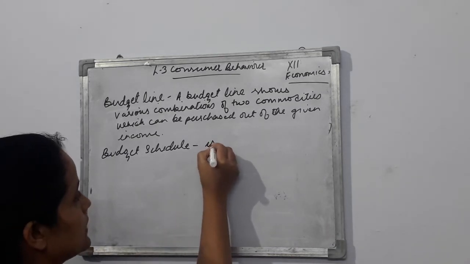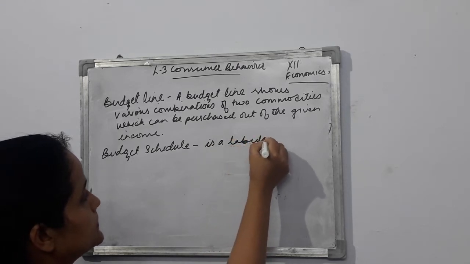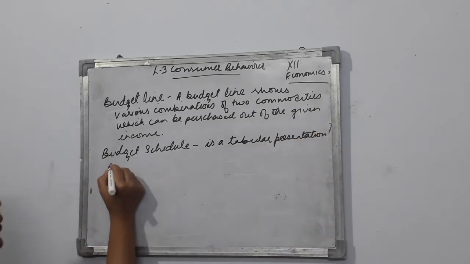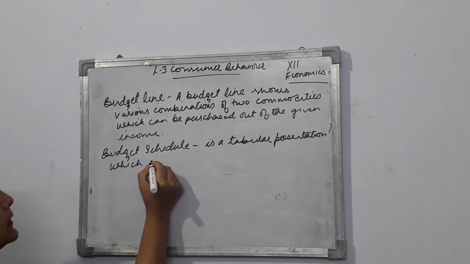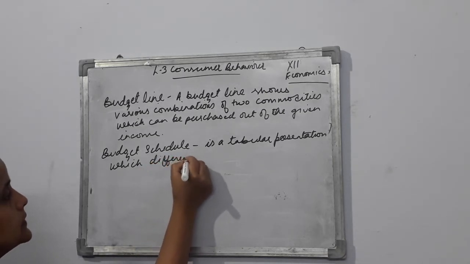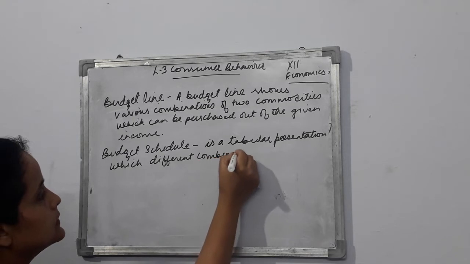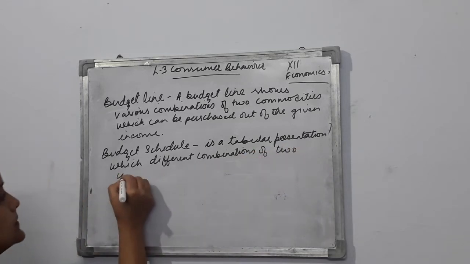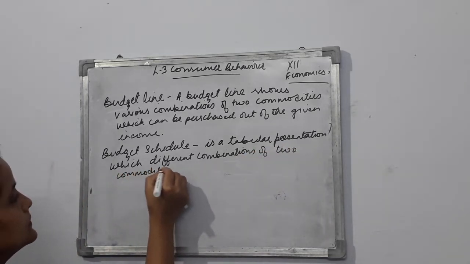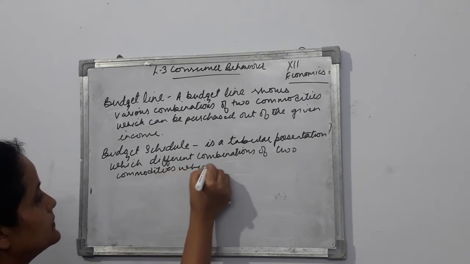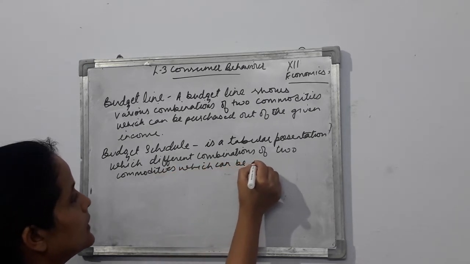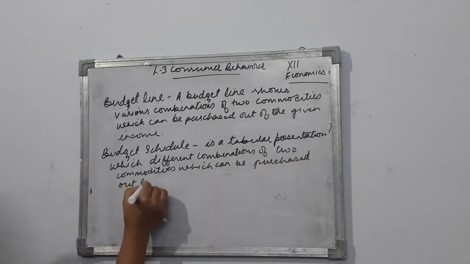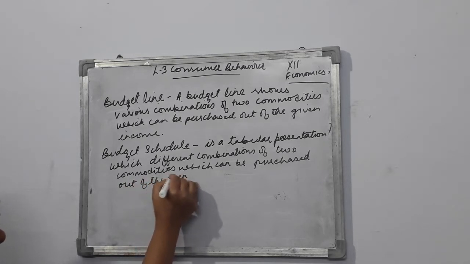A budget schedule is a tabular presentation which shows different combinations of two commodities which can be purchased out of the given income.